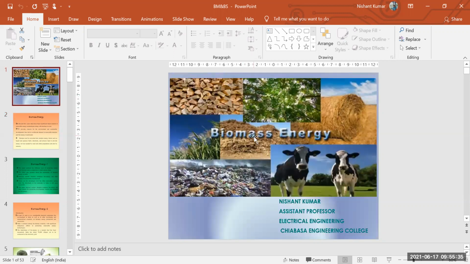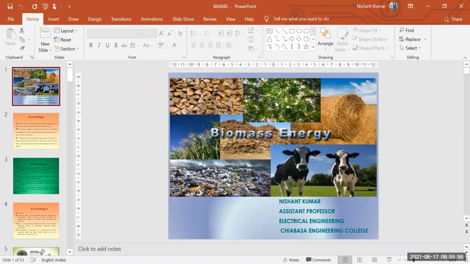You could see biomass energy in the picture itself. It says a lot of things. It is wood chips, where dead or live trees are cut down and made into chips to be burned easily.